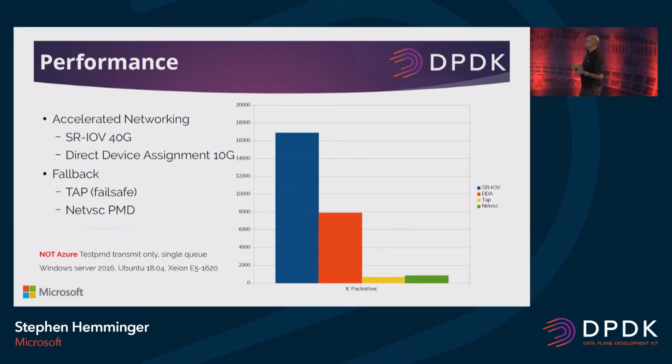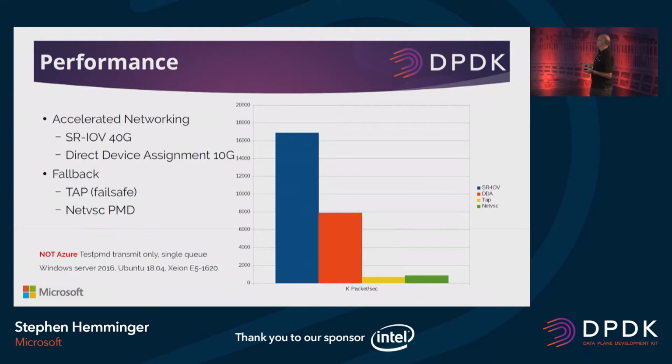So with my 40 gig switch, I was able to get, with SR-IOV, over 16 million packets a second out of test PMD going out. So that's the number, and you can easily hit the cap of 25 gigabits a second with DPDK or with Linux, and you can hit the packet maximum of the VF with the DPDK.